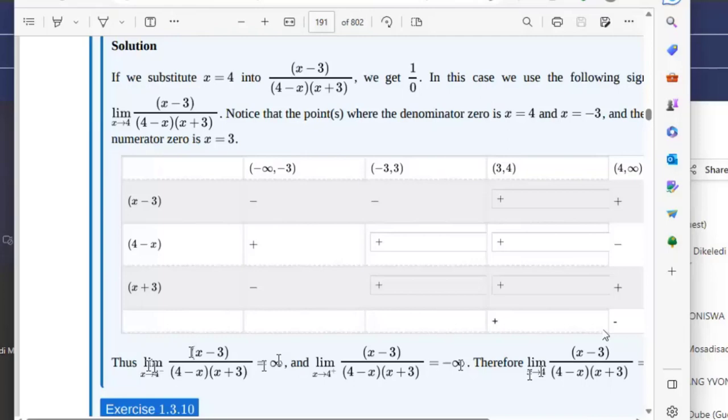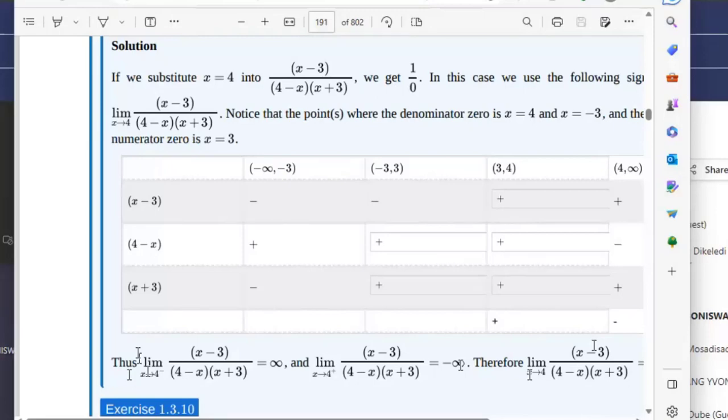Vuyo's hand is up, Glenn. Yes, Vuyo. Thank you, Colin. Vuyo, please talk. Yes, sir. I have this question here. I know the limit when x approaches 4 from the left is infinity, right? Positive infinity.